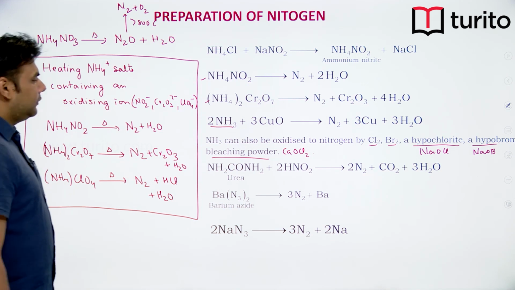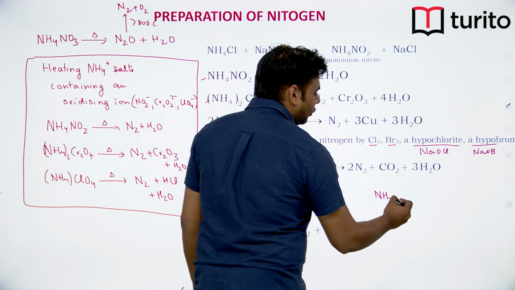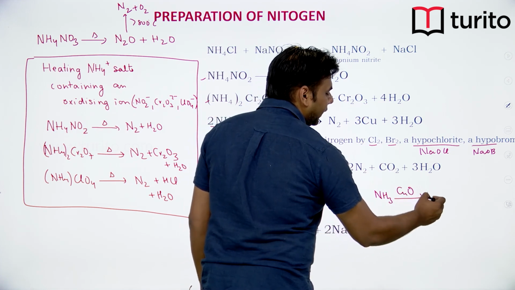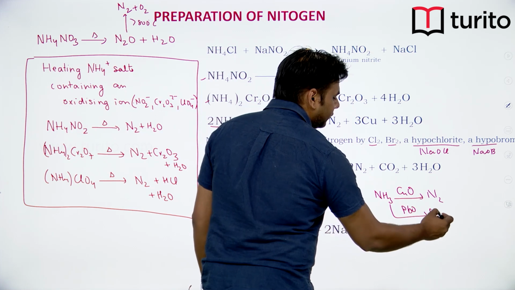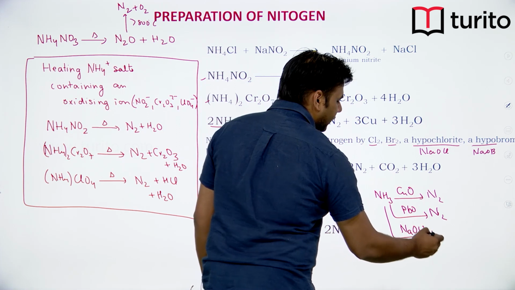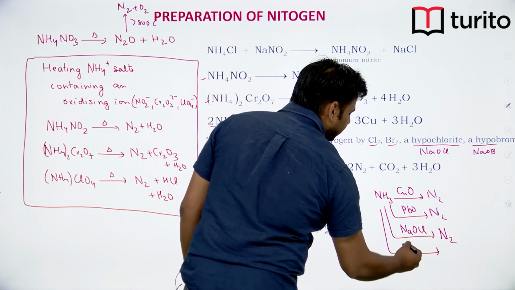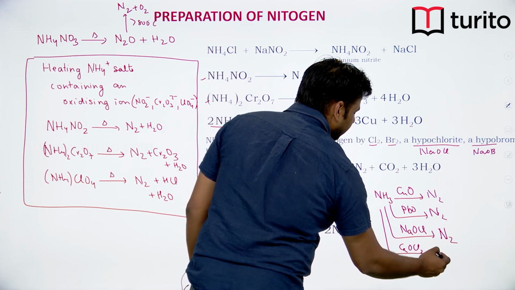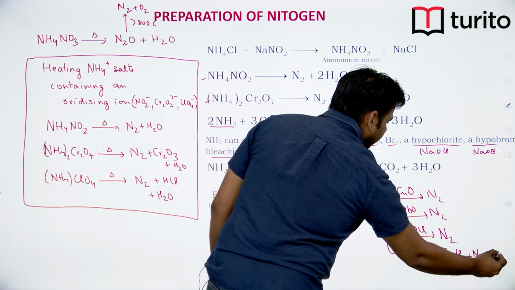So if we heat ammonia with copper oxide, we will get N2, with lead oxide also we will get N2, with NaOCl we will get N2, with bleaching powder CaOCl2 we will get calcium chloride plus N2 plus water.